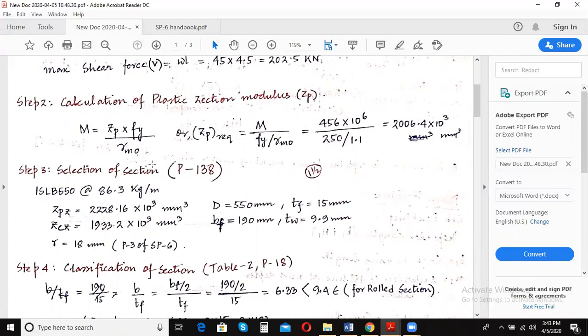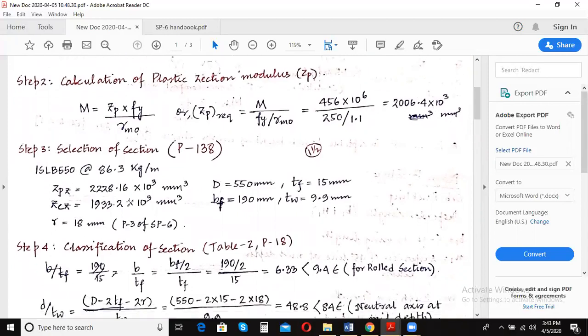Please check it. So, the plastic section modulus required for our beam came out to be 2006.4 into 10 to the power 3 millimeter cube. Based on this value, we had to choose a section from either the handbook or the IS 800-2007 code. The section we selected was ISLB 550 at 86.3 kg per meter.